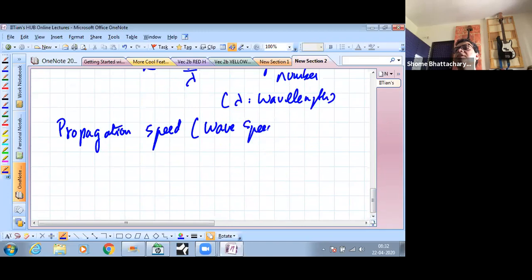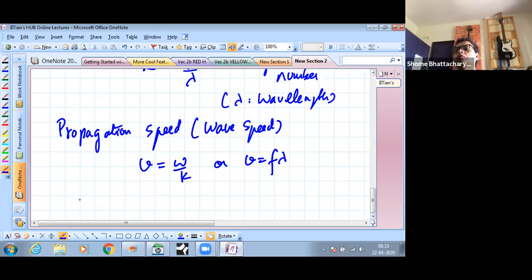That is the speed at which the wave is carrying energy. That is given by omega by k, or it becomes the same thing as f lambda if you replace omega and k in terms of frequency and wavelength. Okay.